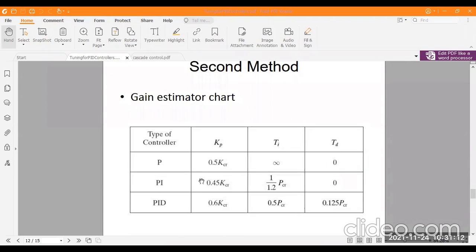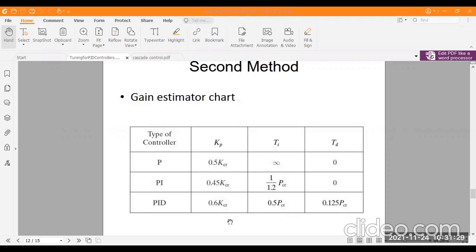Again, this value is coming after the gain. You have to calculate the different gains in the different controller parts, that is KP, proportional controller, integral controller, derivative controller.